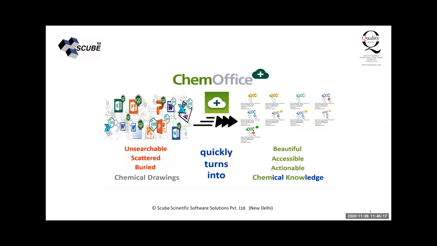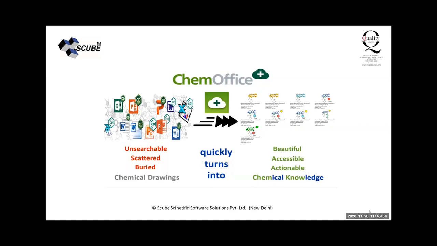So suppose you have your system, and in the system are drives like C drive, D drive, E drive, F drive. In those drives, your chemical data is scattered, right? Some chemicals you have saved as a doc file, some as an XLS file, some as a ChemDraw file, or in a presentation you have saved your drawn molecules.